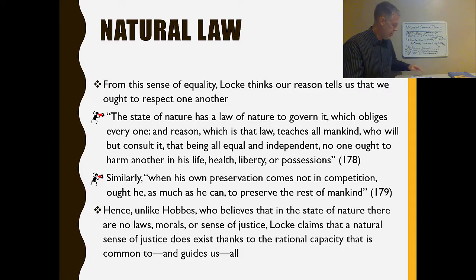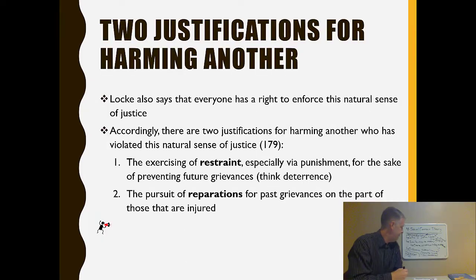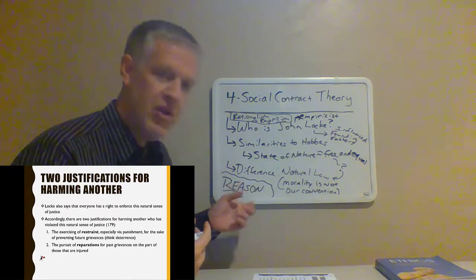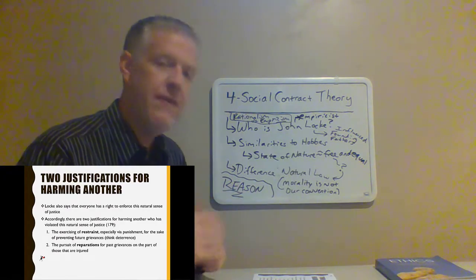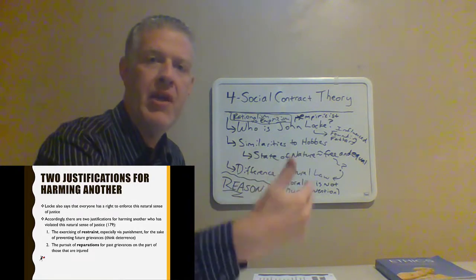And so, turning our attention to slide 6, we have this ability to access and appreciate this so-called natural law, according to Locke. And so too, we have the license to then punish those who do not comply with this natural law, right? Human beings who have a rational capacity and yet refuse to offer the respect due to others.